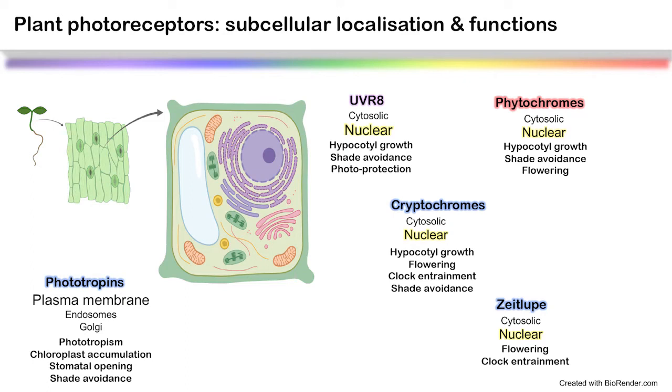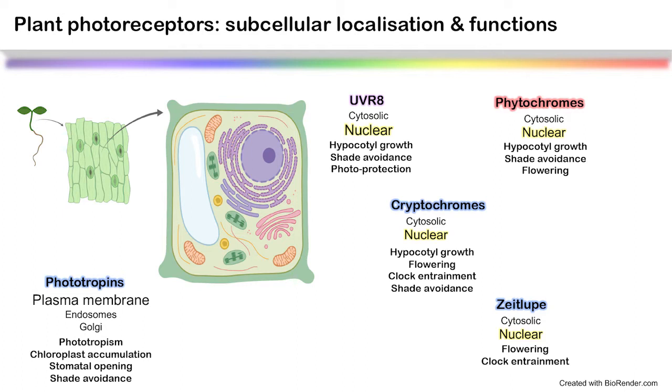Now, all these photoreceptors need to integrate all these different light stimuli in order to shape plant development in response to changing environmental conditions. And I would like to draw your attention to the fact that the majority of these photoreceptors, with the exception of phototropins that are plasma membrane-associated proteins, are either localized or translocate into the nucleus in order to signal.